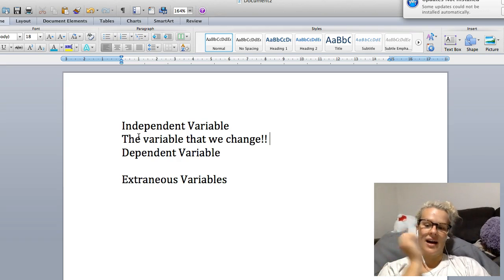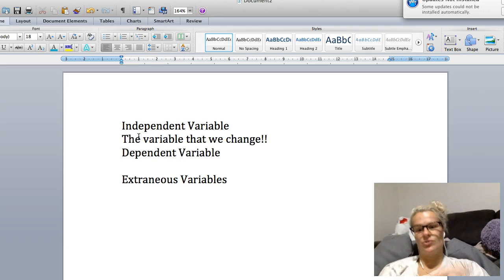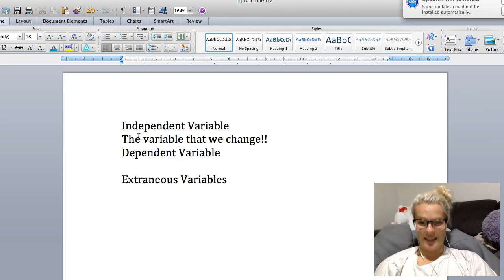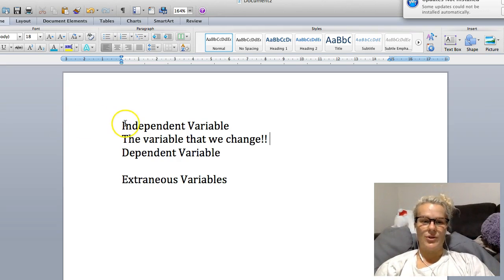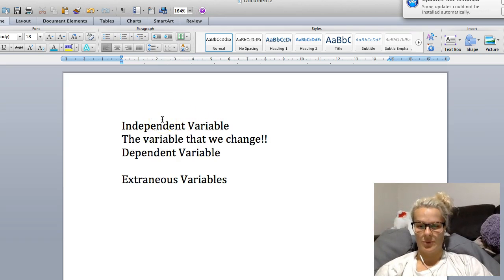And then I would be measuring their concentration levels after lunch. So the independent variable in that example would be the chocolate, because I'm changing it. I'm giving half students chocolate and half students no chocolate to then measure their concentration levels.